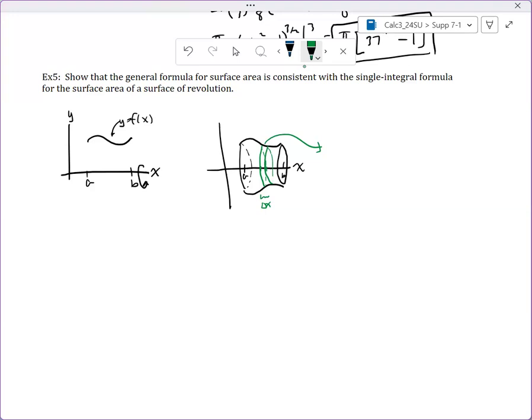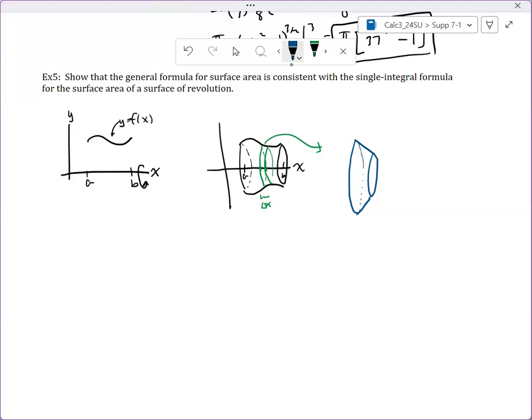Okay, so if I come over here and just pull out this slice, I'm going to exaggerate this just a little bit. So I have something like this.